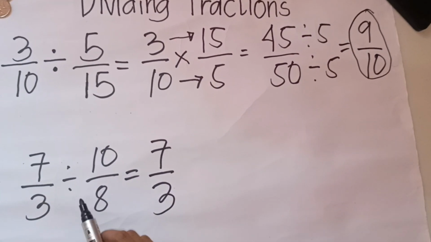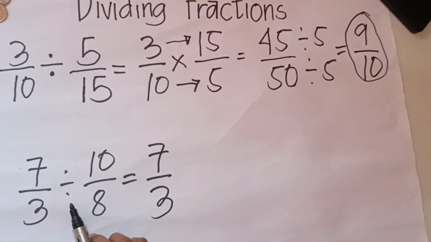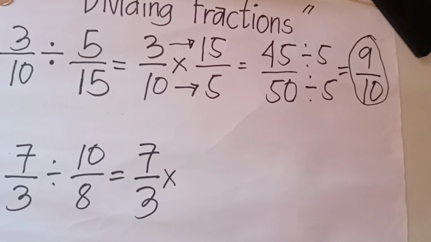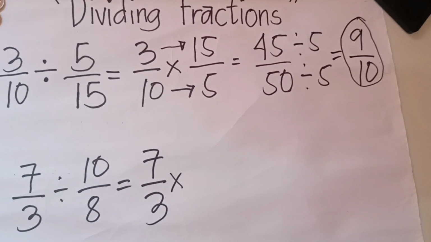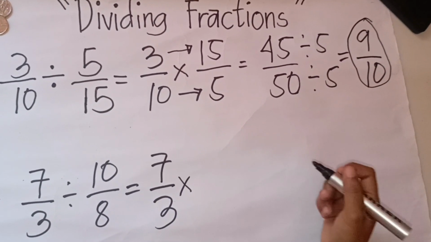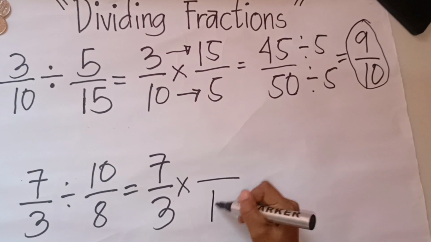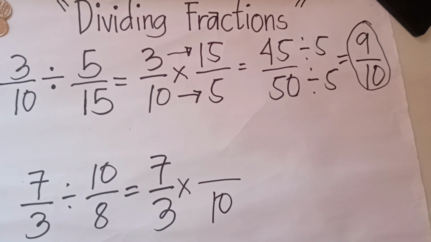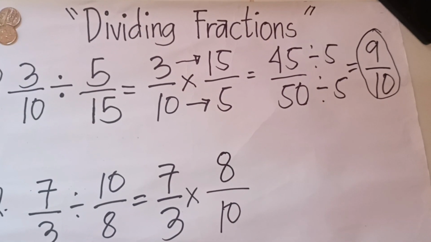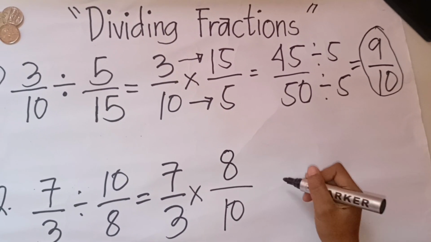Then change this operation from division to multiplication. And then we need to flip the second fraction, which is 10 over 8. The numerator will become the denominator, and the denominator will become the numerator. So we have 8 over 10.